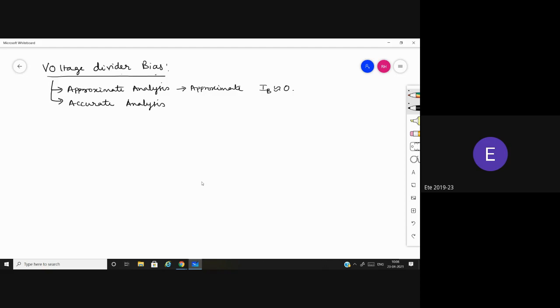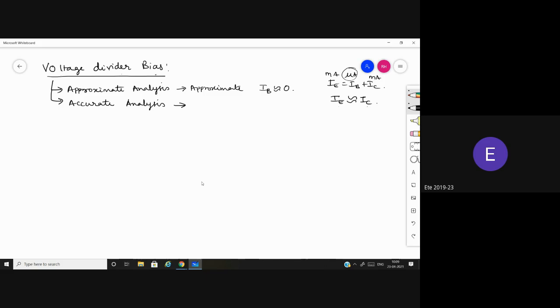But when it comes to accurate analysis, we are not going to approximate anything. We usually take IE equals IB plus IC, and we consider that IE is approximately equal to IC, because we know that these two are in milli and this is in micro. Since IB is very, very small compared to these two, we can say IE is approximately equal to IC.